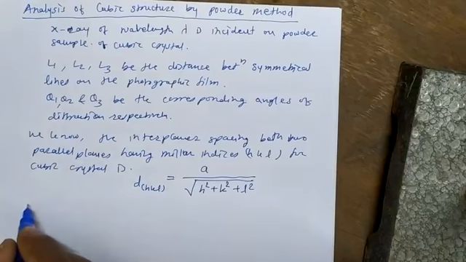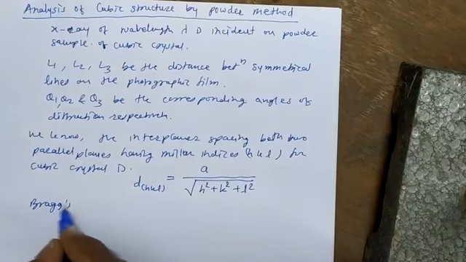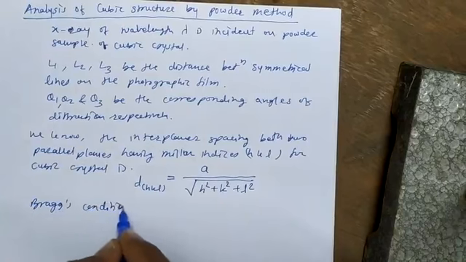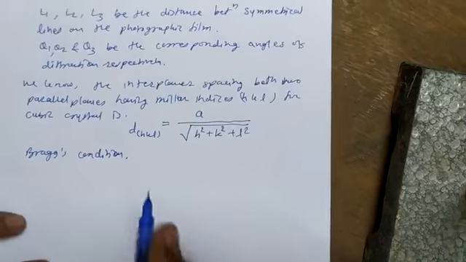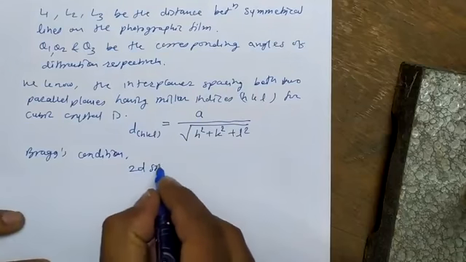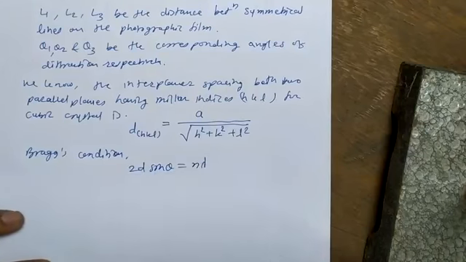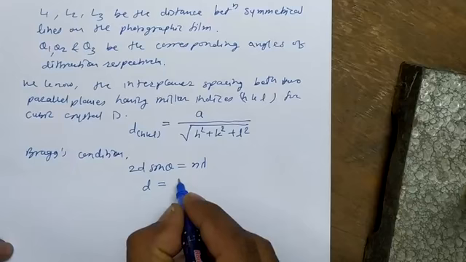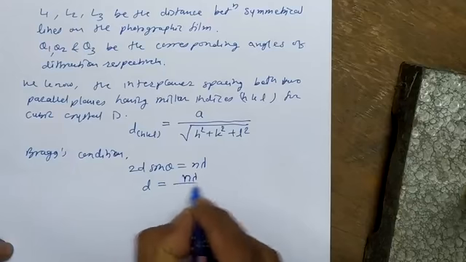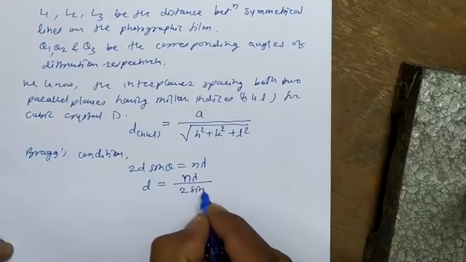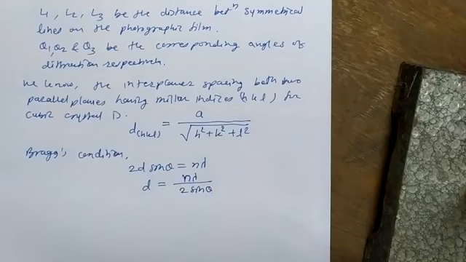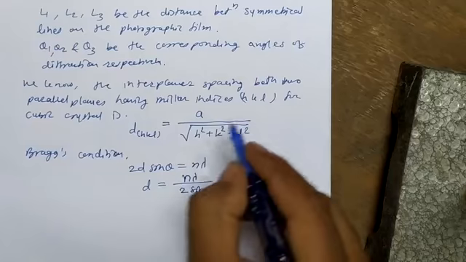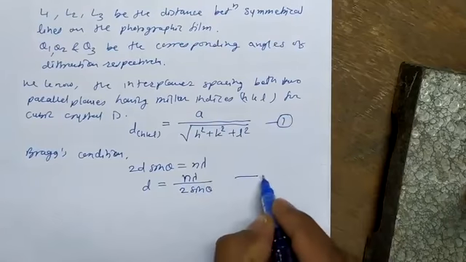And according to Bragg's condition or Bragg's law, 2d sin theta equal to n lambda. Therefore we can write here d equal to n lambda upon 2 sin theta. Now this is equation 1, this is equation number 2.